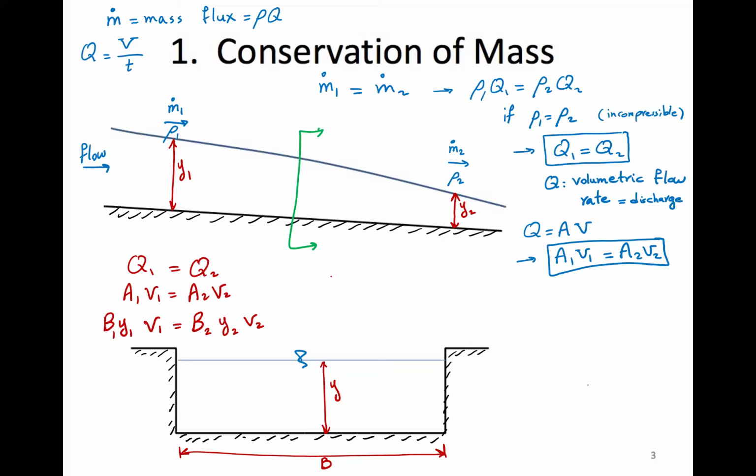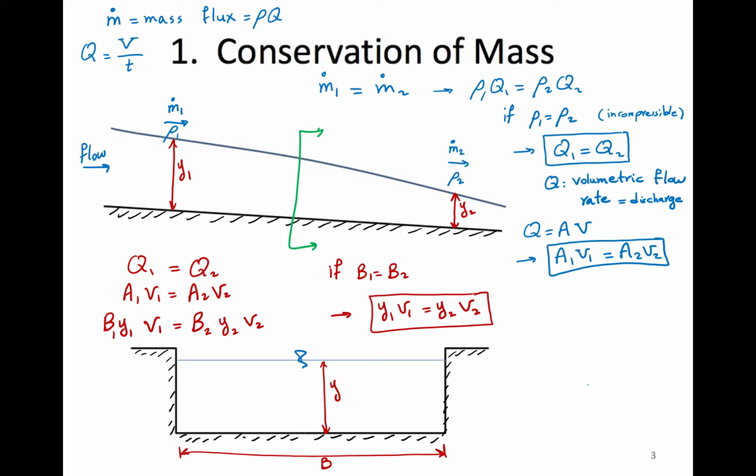And then I'm going to say if B1 is equal to B2, in other words, the channel geometry doesn't change, it's rectangular and the same width, then B will cancel from both sides. We will be left with Y1 V1 is equal to Y2 V2. Just a modified version of the same equation.